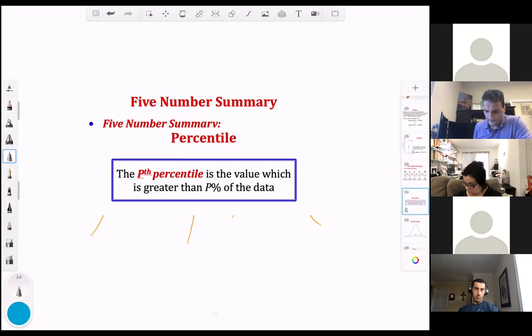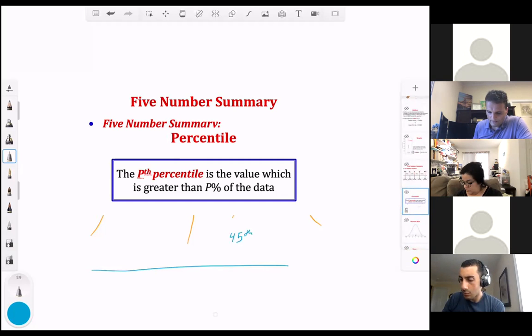For example, if you got a 45th percentile, if here is 0 and that's 100, you are above 45% of all the data, or all the students. This will be the 45th percentile. So that means you are above that.